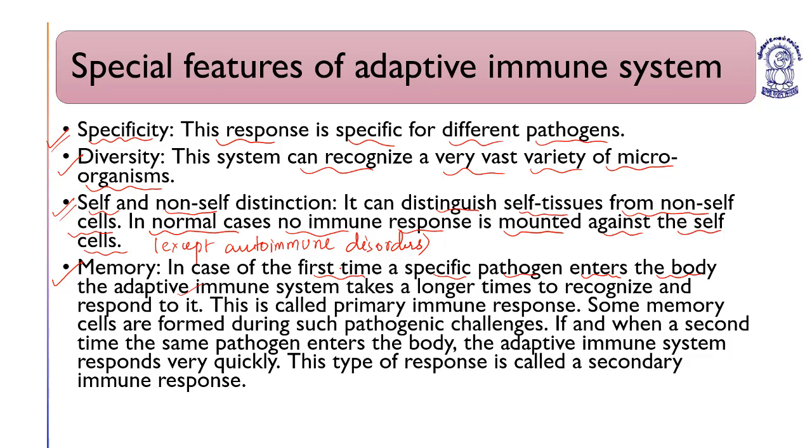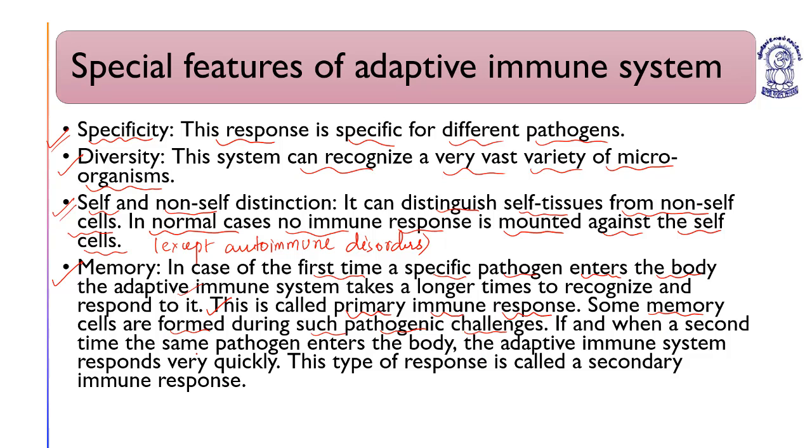So this type of immune response is known as what? Primary immune response. And primary immune response is longer in comparison to the secondary immune response. So some memory cells are formed during such pathogenic attack. When the pathogen enters, there are some memory cells which are formed by the differentiation of B cells.